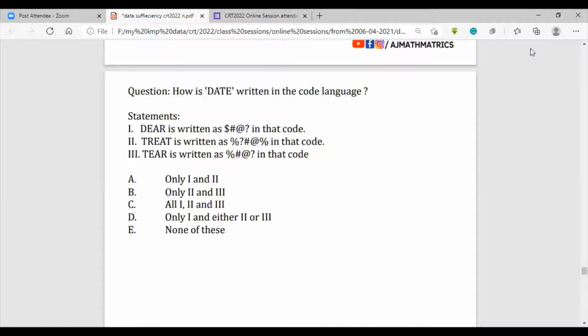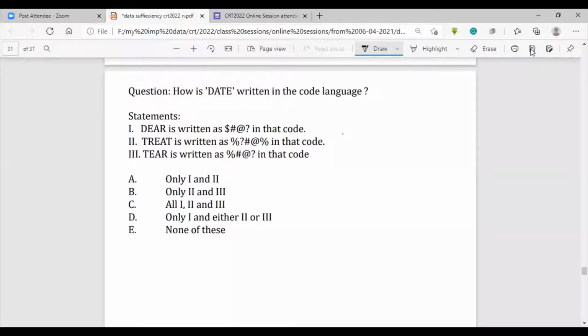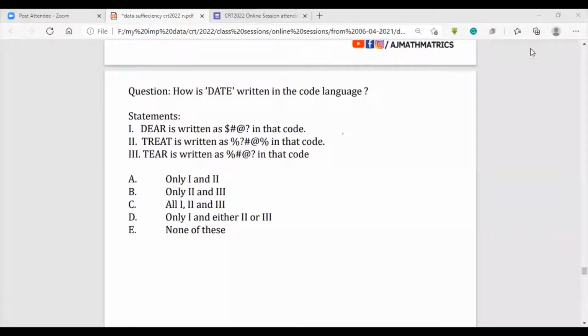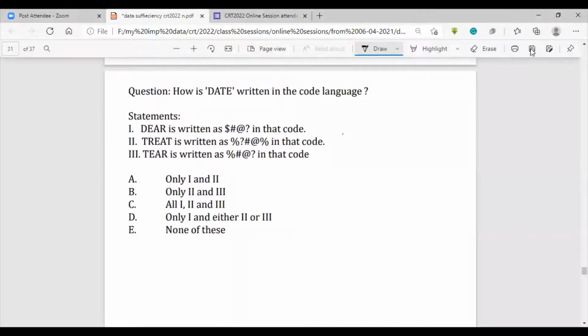Next, B means 2 and 3. By checking 2 and 3, will you get the answer or not? Now C means all 3 combined. When you combine all 3, will you get the answer or not? D means only 1, and either 2 or 3. What does the D option indicate?